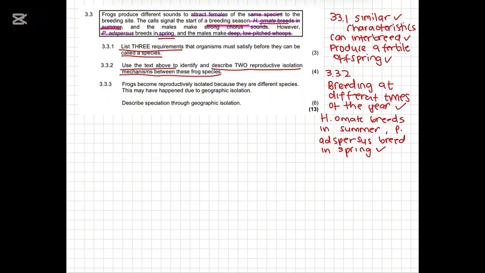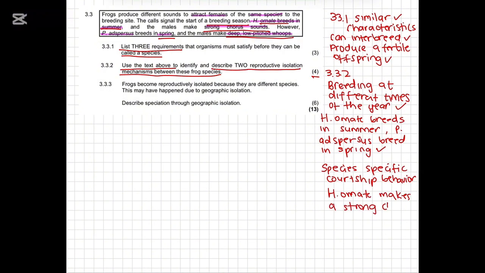They also spoke about their mating call, the strong chorus sound and the deep low whoops, that would be courtship behavior, so species-specific courtship behavior, because H. ornate has a strong chorus sound and the other one has a deep low-pitched whoop. So one mark goes to the mechanism and the other mark goes to the description.